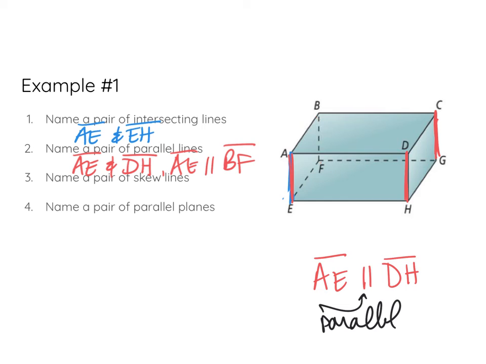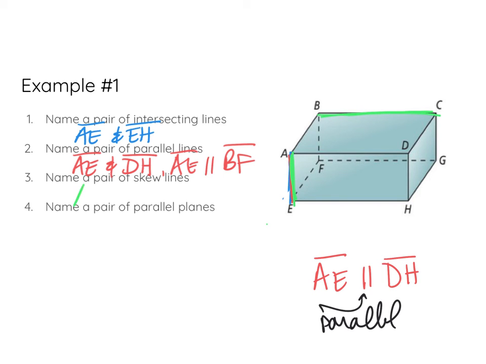All right. Skew lines. So again, let's stick with AE since we've been using that for all these others. Now, AE is in the front to the left, right? And it's going up and down. So we need something that's not going up and down. Any other line going in the up and down direction is going to be parallel, but it also can't be intersecting. So let's say I choose BC.